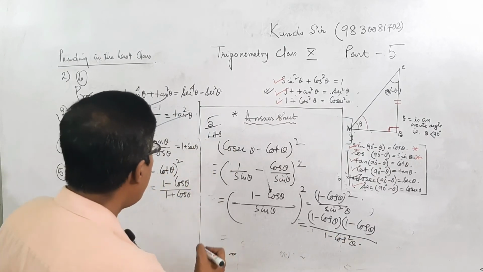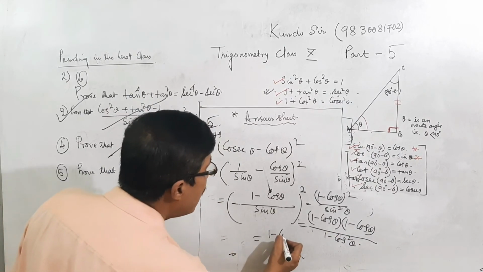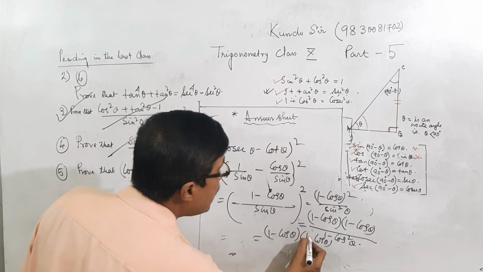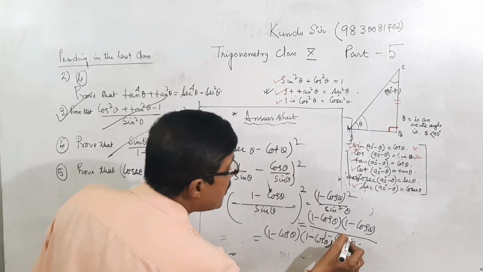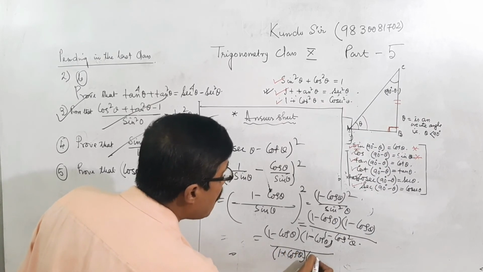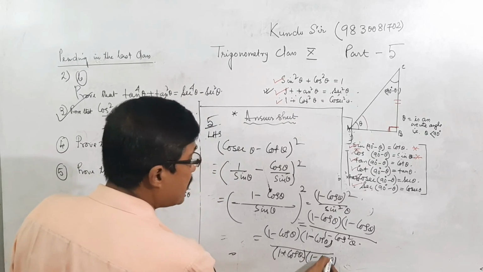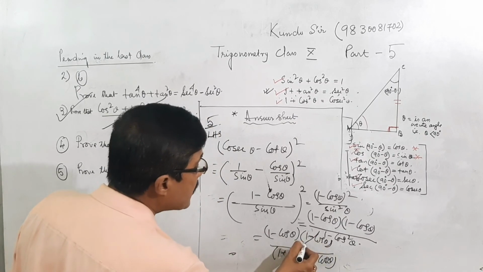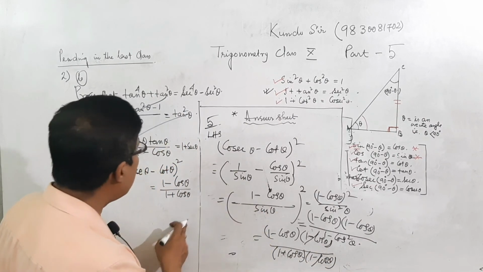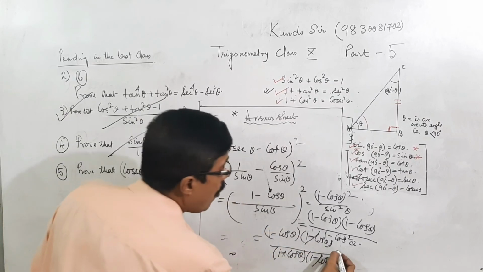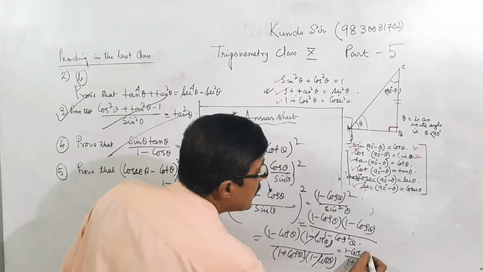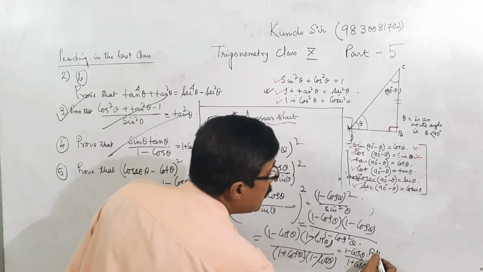That is a square minus b square, which is 1 plus cos theta times 1 minus cos theta. We are cancelling 1 minus cos theta from the numerator and denominator. As a result, we have got 1 minus cos theta upon 1 plus cos theta. Right hand side proved.